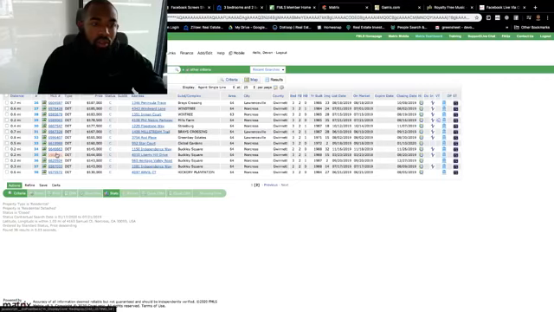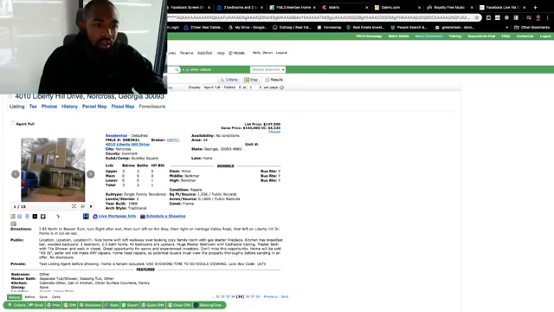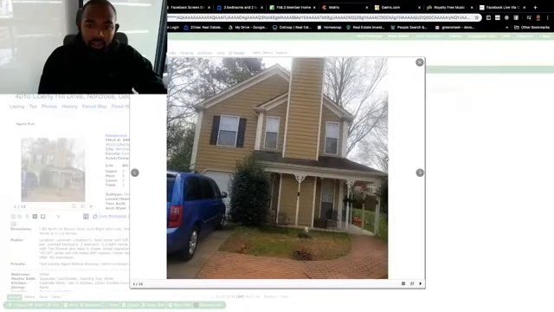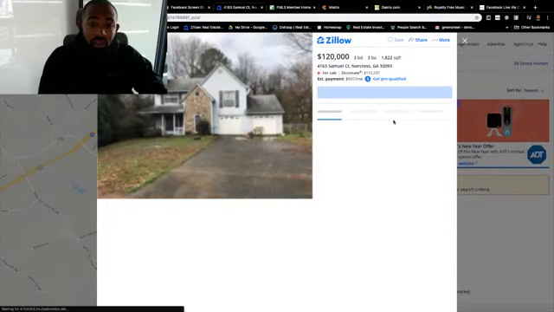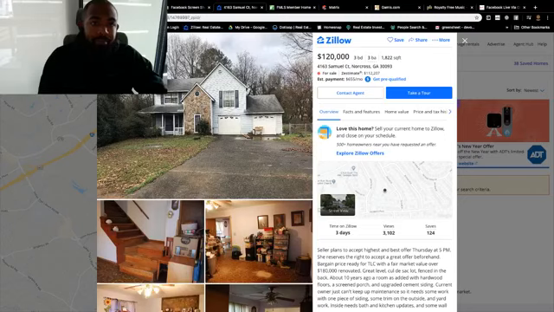Here's one that sold for 144. It's a 2.5. I guess they count those as 3 bedrooms as well. So looking at the pictures, and again, this is the house we're working with, just as a comparison, right?